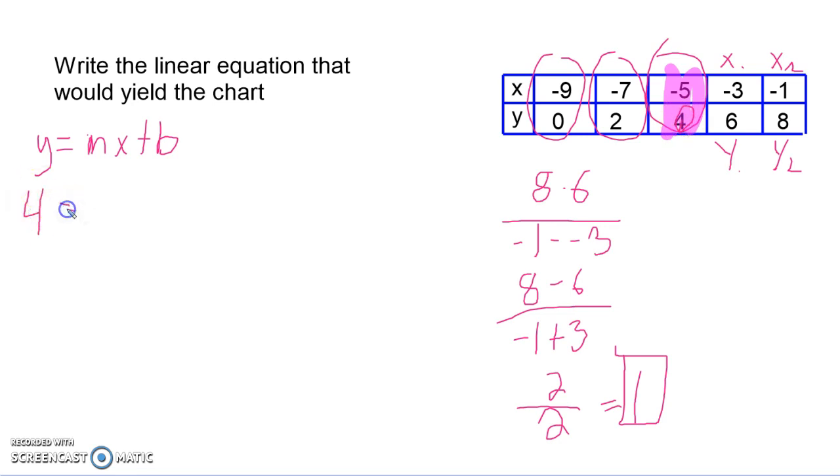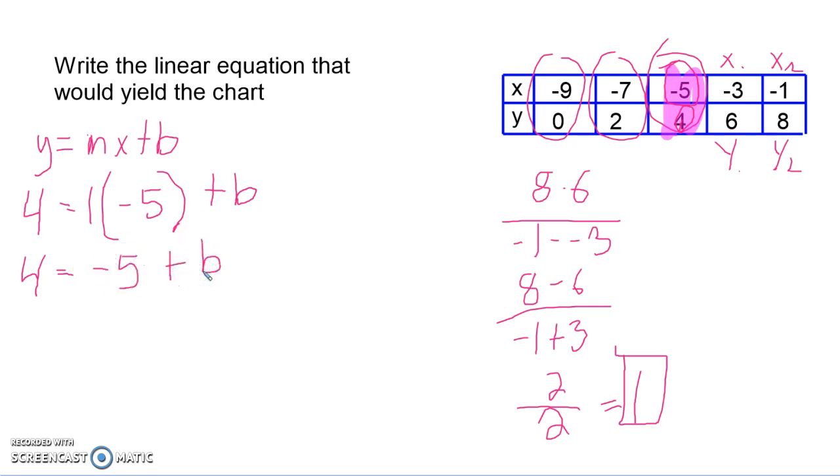4 is equal to, our slope is 1, 1 times x, our x in this case is going to be negative 5, so 1 times negative 5 plus b. So all I need to do is solve for b. So right here I'm going to multiply the 1 times negative 5, so I get 4 is equal to negative 5 plus b.